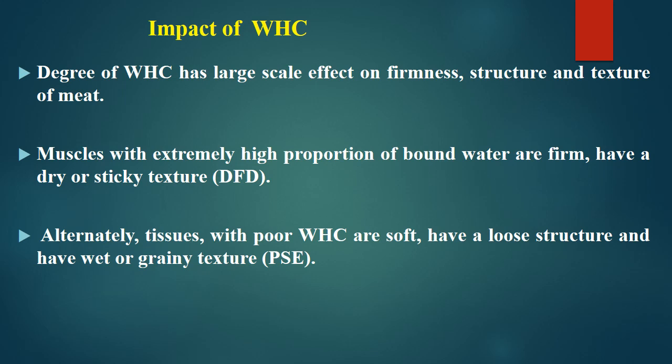And secondly, when the pH is low, tissues with poor water holding capacity are soft, have a loose structure and have a wet or grainy texture. This happens in the case of PSE due to low pH and low water holding capacity.